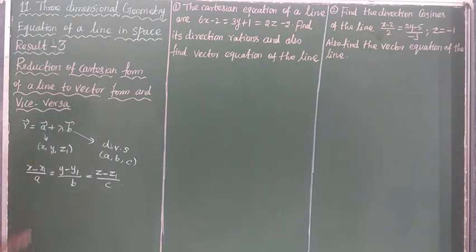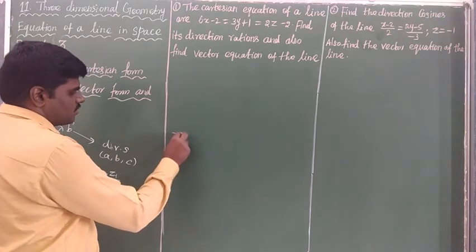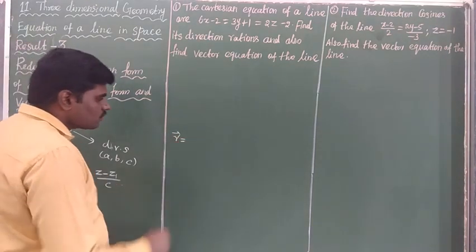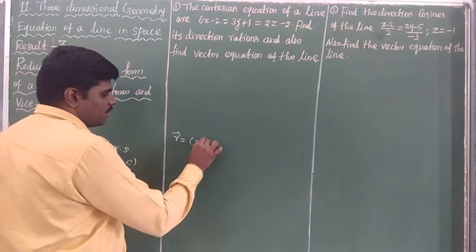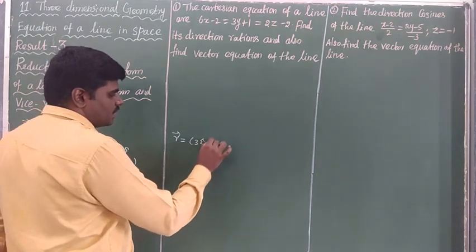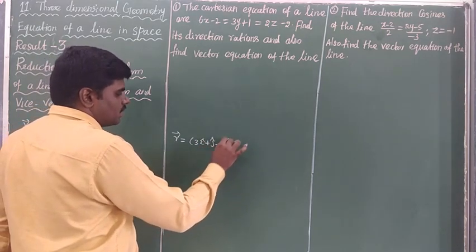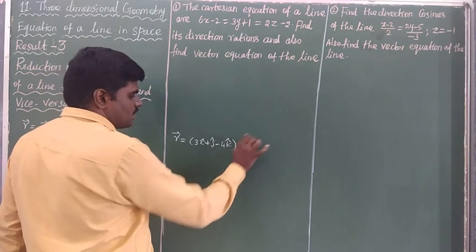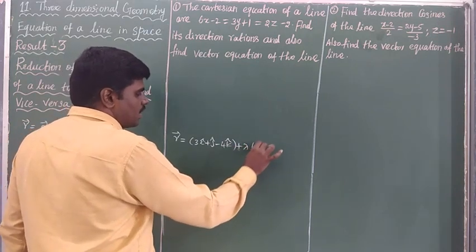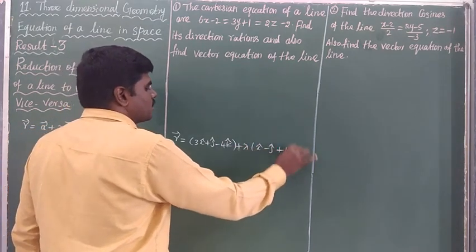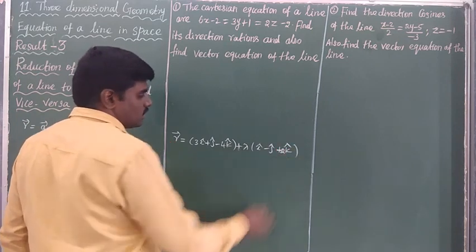You understood? Let me do a small example. You just think about it. Here I will choose r vector is equal to 3 i cap plus j cap minus 4 k cap, plus lambda into i cap minus j cap plus 2 k cap. Is that clear?